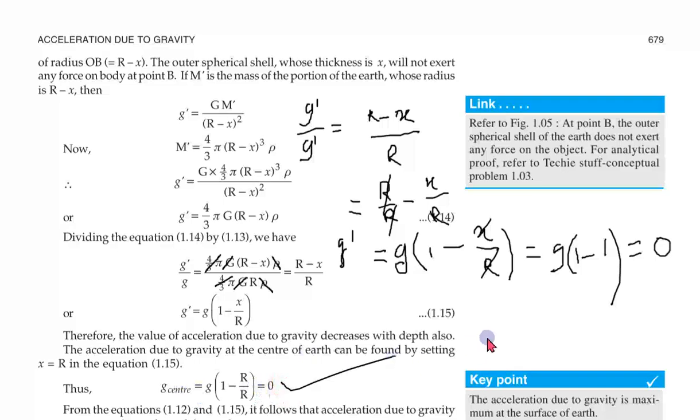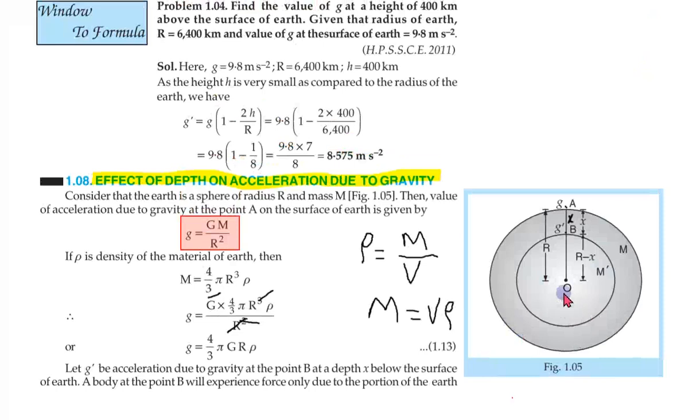That means acceleration due to gravity at the center of the earth is 0, which implies that weight of body, written as mg, but at the center of the earth g equals 0, so weight will be 0.